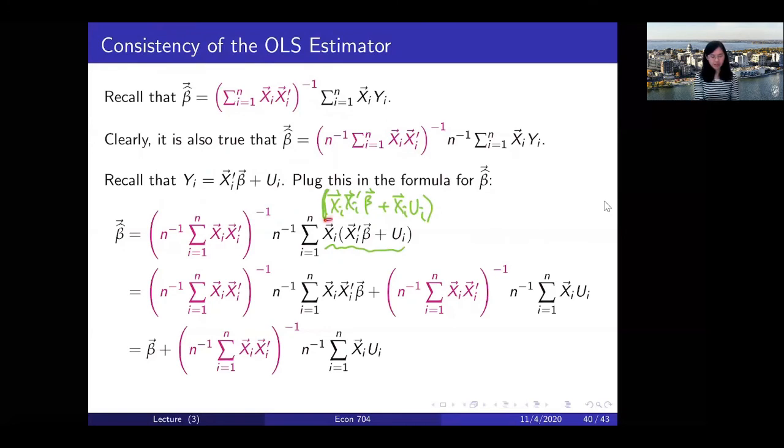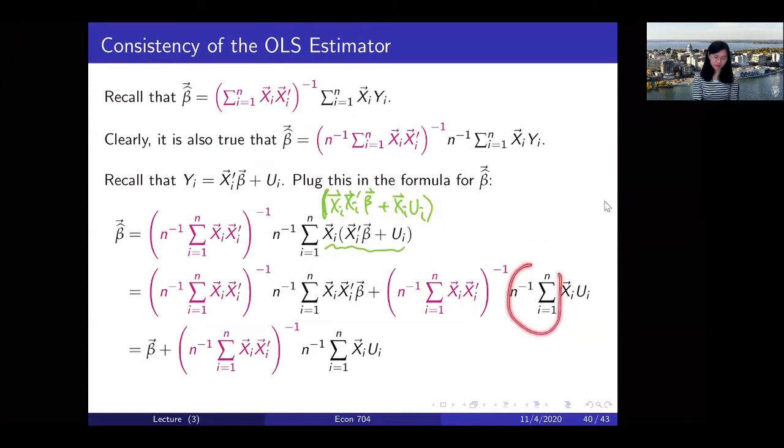Now that's the sum of this sum. The sum of this sum is a very long sum. We can collect all the terms with the x_i prime beta and write them together. That is the sum of x_i prime beta. And we can collect all the terms with x_i u_i and put them in this summation.